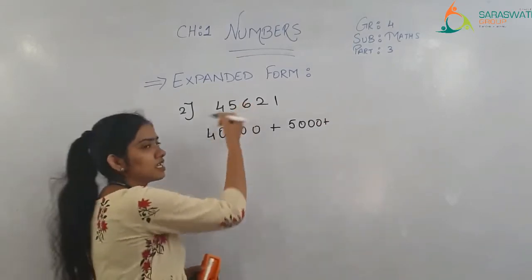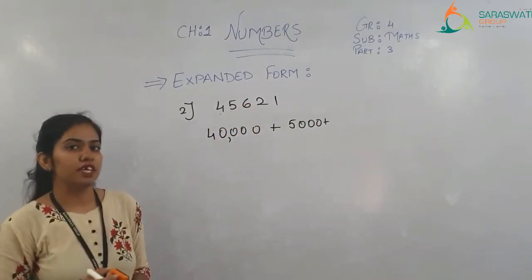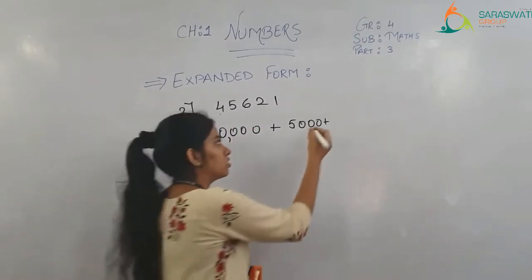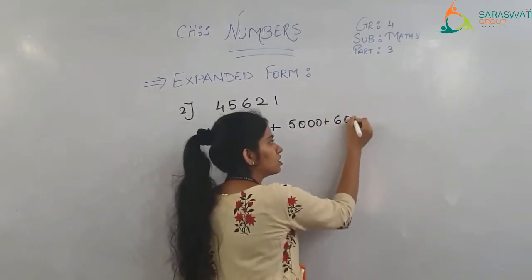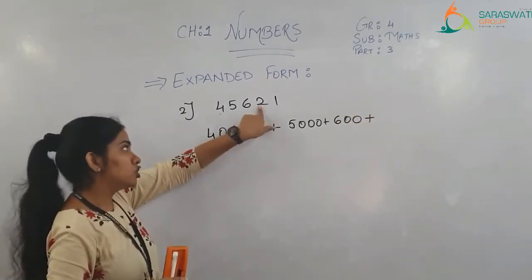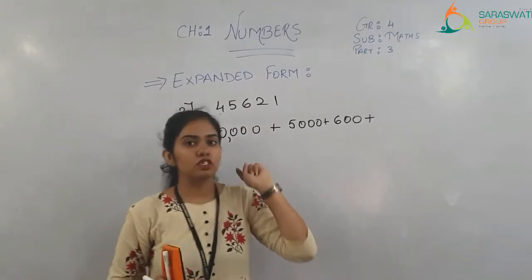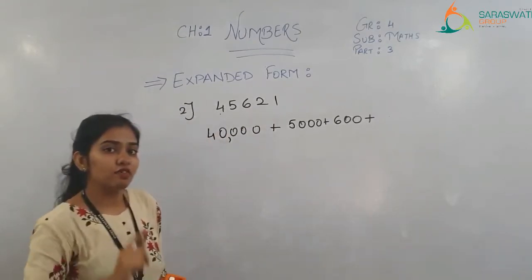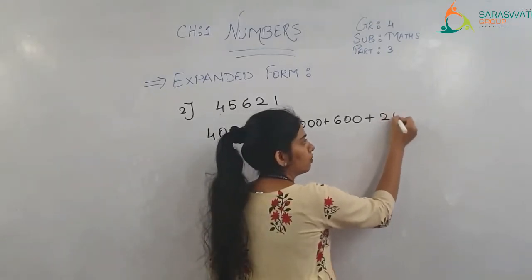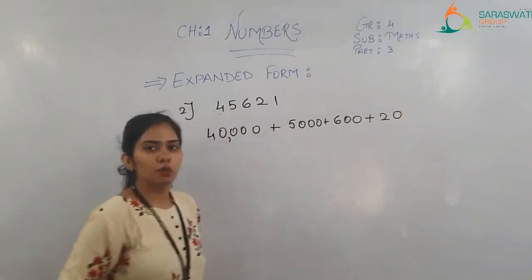After that, 6 is at the hundreds place. So in hundreds we are having 2 zeros. So 6 followed by 2 zeros, we get 600. Now 2. 2 is at the place of tens, and in tens we are having only 1 zero. So 2 followed by 1 zero, we get 20.